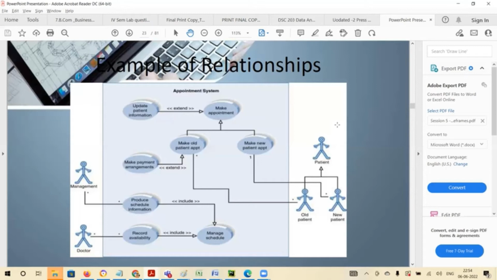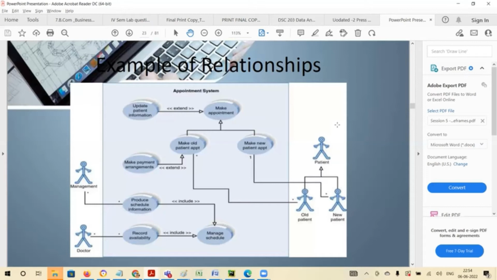If the patient already consulted before, it goes under make old patient appointment. And if the patient is completely new to the hospital and wants to make an appointment for the first time, it goes under make new patient appointment.